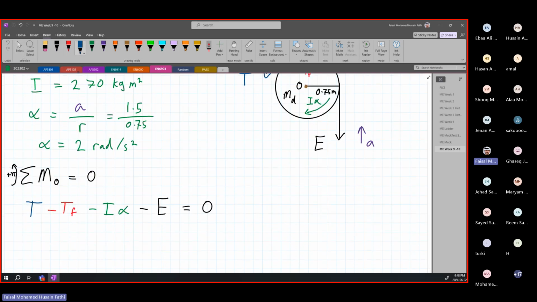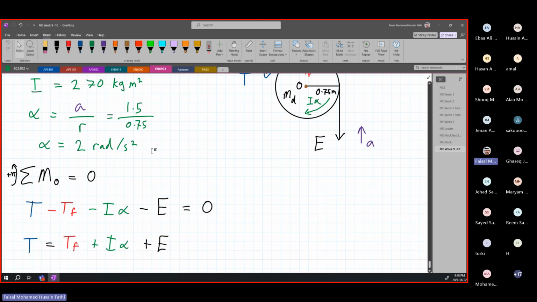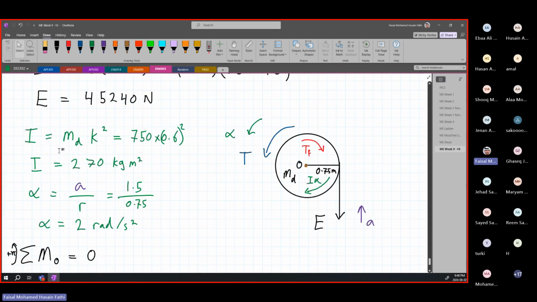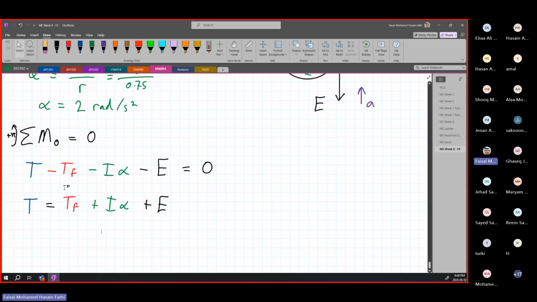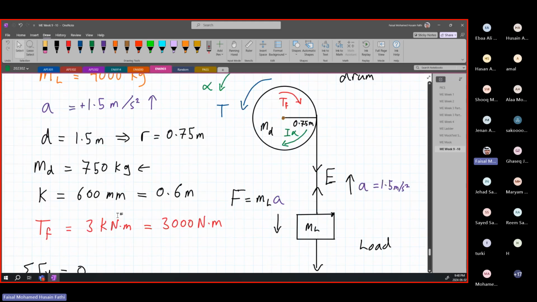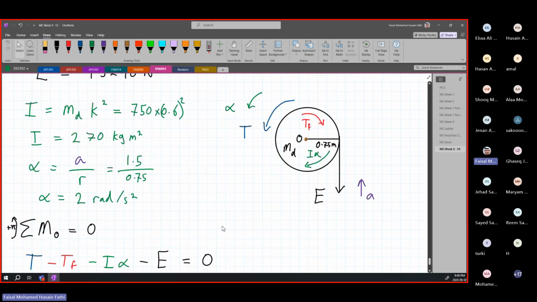So let's first simplify this equation, put TF on the other side, because we need to solve for T anyways. T equals TF plus I alpha plus E. So I just took everything to the other side. And now we can plug in all the values that we have found for all these unknown variables. TF was given in the question, which is 3000 Newton meters.